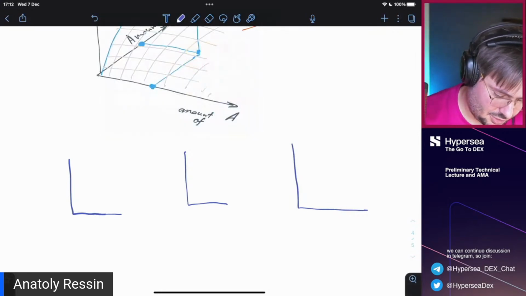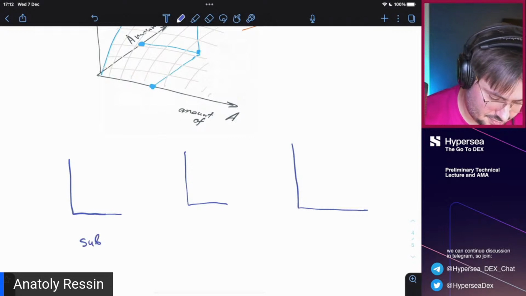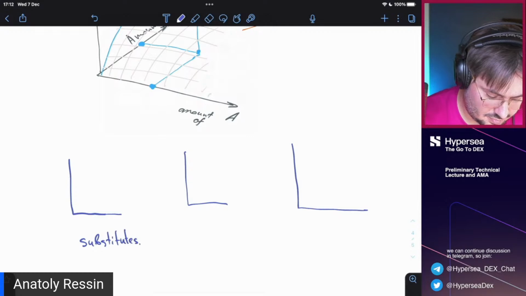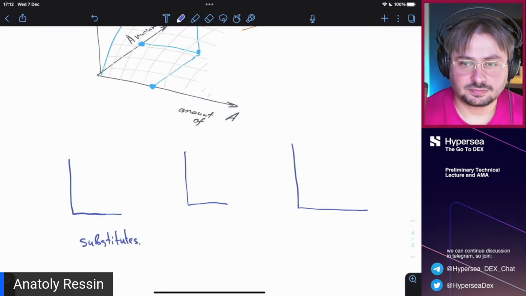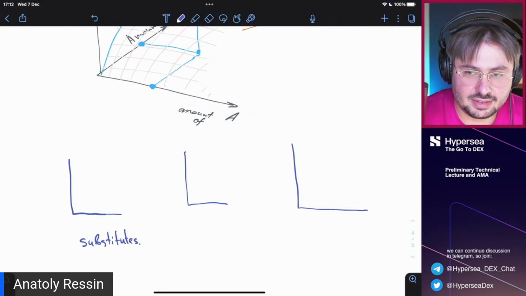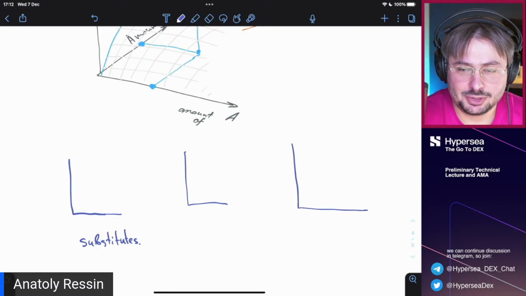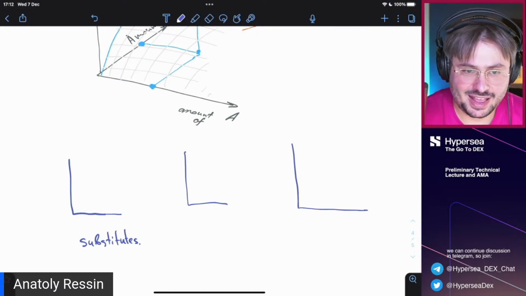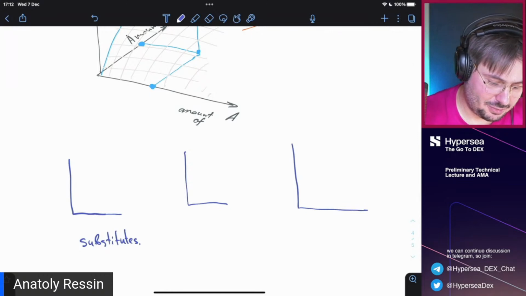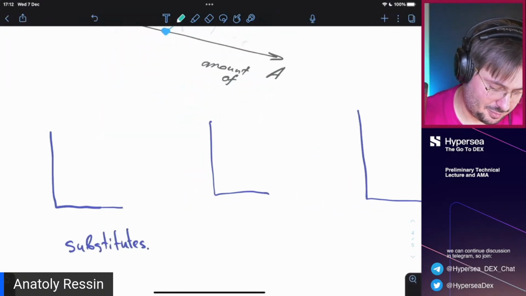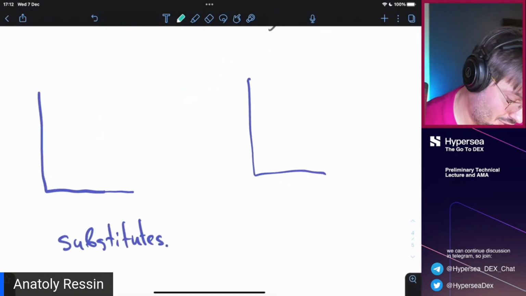And we will talk about substitutes. If we talk about substitutes, then the corresponding curve should look like this.